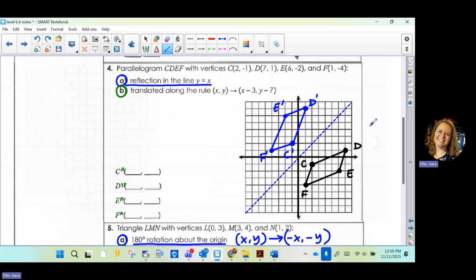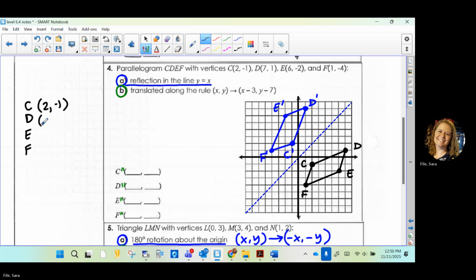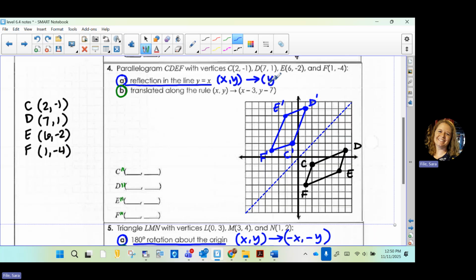But algebraically, this is what I'm getting at that I think is easier for most of y'all in a situation like this. Oh, that's supposed to be a pen, not a line. So my original points, C, D, E, and F, would use the reflection across the line y equals x rule, which says your x, y becomes y, x.